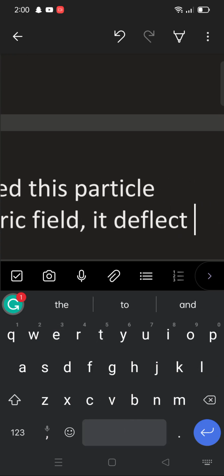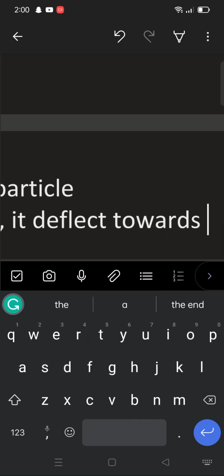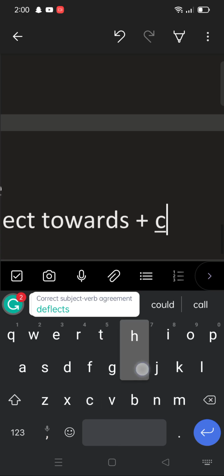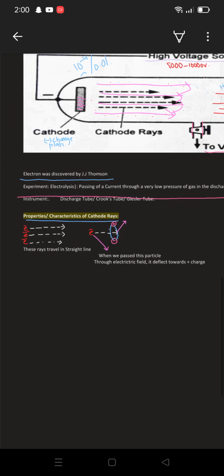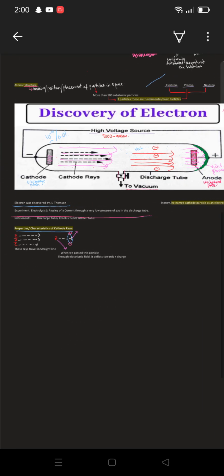Remember this. And here we got to know that this particle has a negative charge, since it deflects towards the positive charge, right?